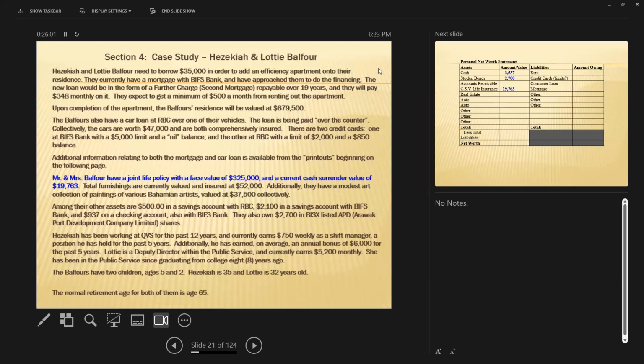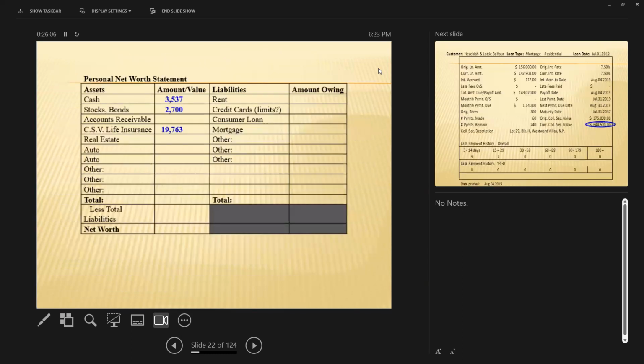Okay, so the cash surrender value is $19,763. So we put that in. Okay. Real estate. Do they own real estate? Yes. And what is the value of that real estate?